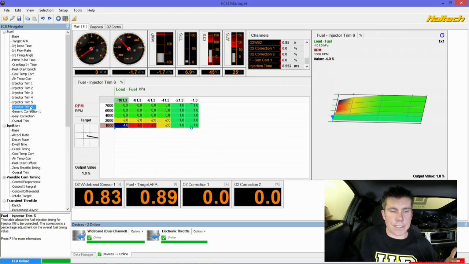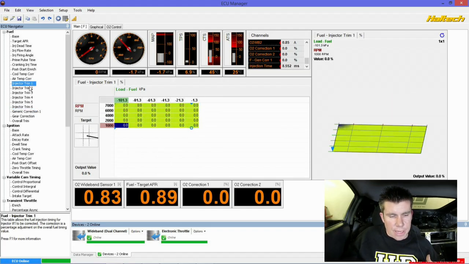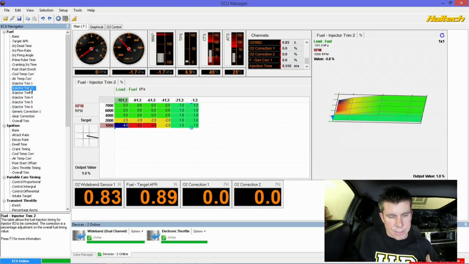Obviously we've got a V6 engine here. And what we've done is gone through, and on cylinders 2, 4 and 6, you can see I've got the same trim table here. Down in the 1000 RPM row, we're trimming out 4%, then at 2000 RPM 2%, and then above 2000 RPM the trims are 0.